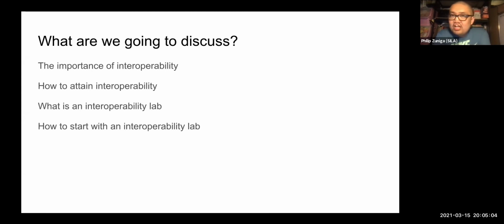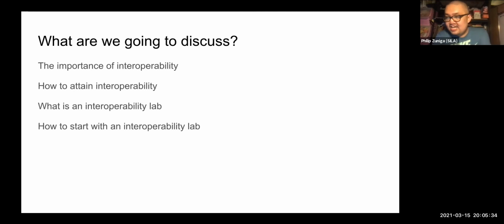At SIL-Asia, we have looked at examples from various countries, and although the experiences are different from one another, we have seen some common ground that we are going to share later. Number three, we will discuss what an interoperability lab is. And finally, number four, the main part of this discussion, is how we start with an interoperability lab.